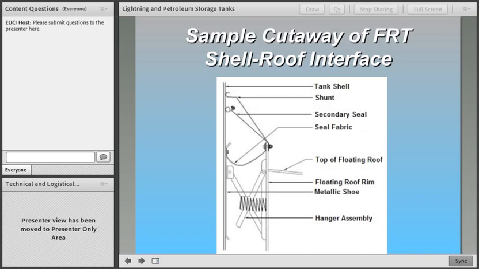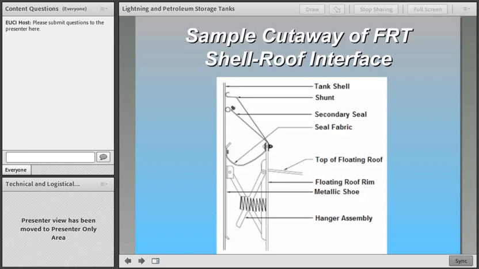Here's a cutaway view of a typical floating roof tank, and you can see the roof and the mechanisms associated with the roof. For example, we have the tank shell on the left. There's a shunt, which is a strip of metal connecting the floating roof to the tank shell.